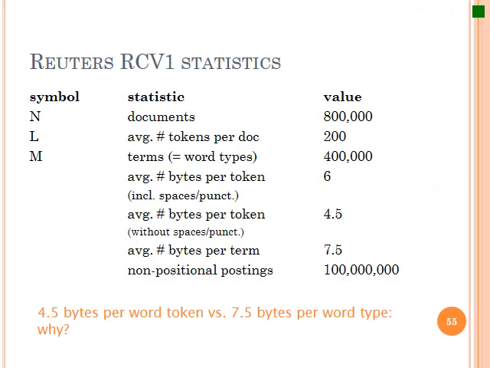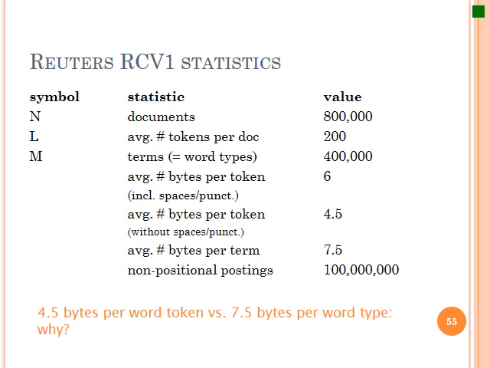Here are some statistics of the RCV1 dataset. There are 800,000 documents in total, and that number is denoted as N. We denote the average number of tokens per document as L, which is 200 in this case.